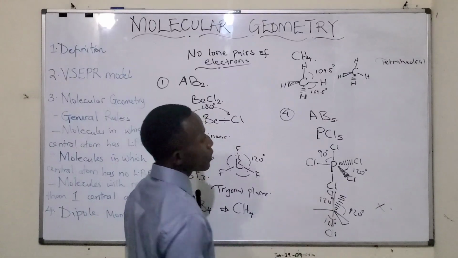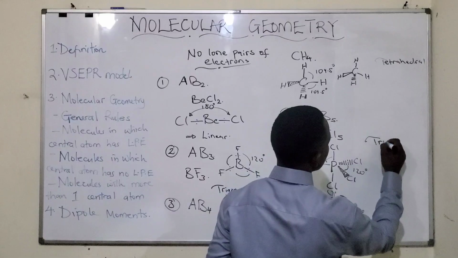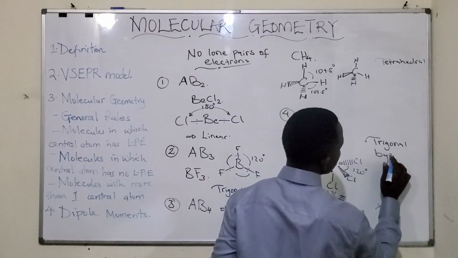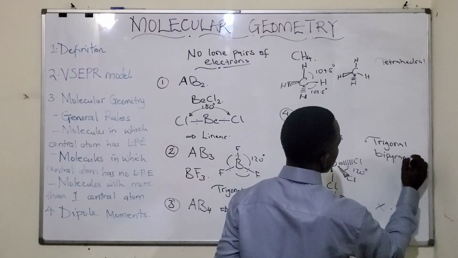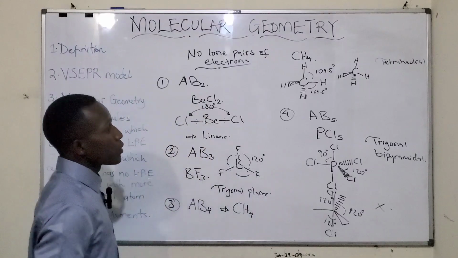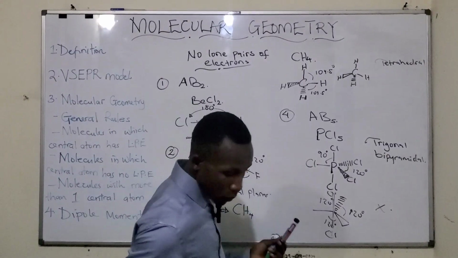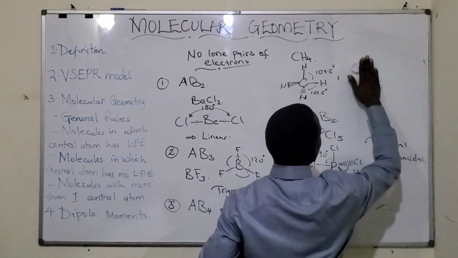So this structure is known as trigonal bipyramidal.